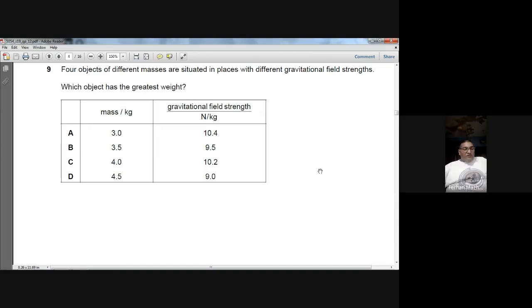For example, for object A, you can calculate the weight by the formula mg, 3 multiplied by 10.4. Here the g value is 10.4. 3 multiplied by 10.4, and the answer will be 31.2 Newton.